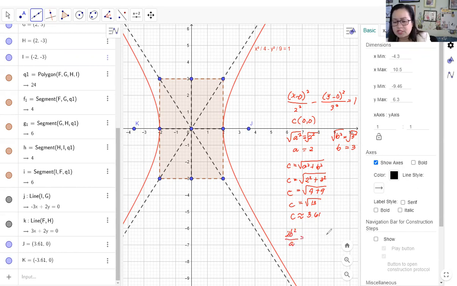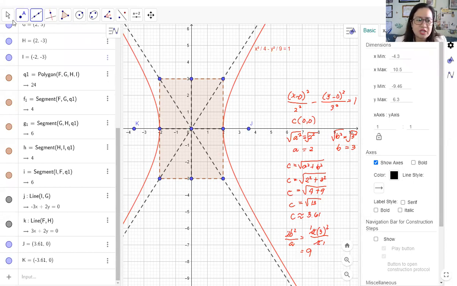Now substituting, we will have 2 times 3 squared over 2. Simplifying, we can cancel out 2, so 2 divided by 2 is 1. Simplifying further, we will have 9. That means that the length of the latus rectum is 9 units.